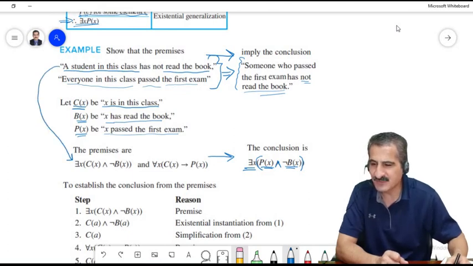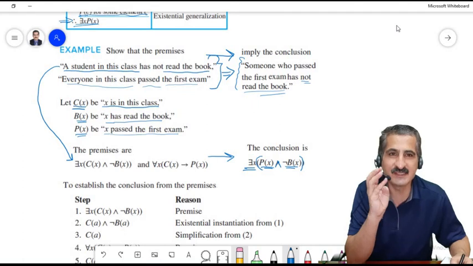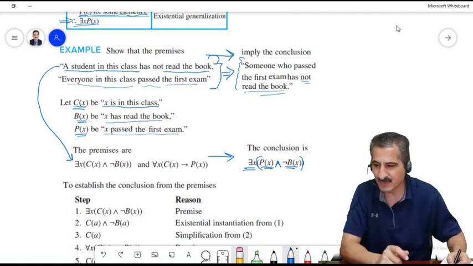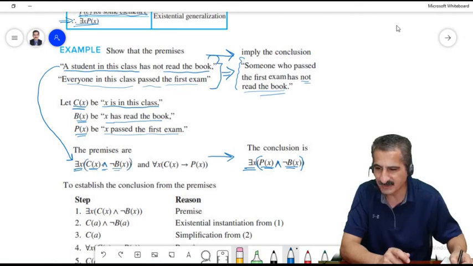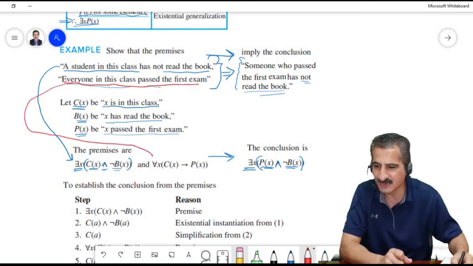A student in this class has not read the book. So there is somebody who is a student and he did not read the book. So there exists a student, he did not read the book. This statement says that everyone in this class has passed the exam. So everyone in this class, so this goes for here.